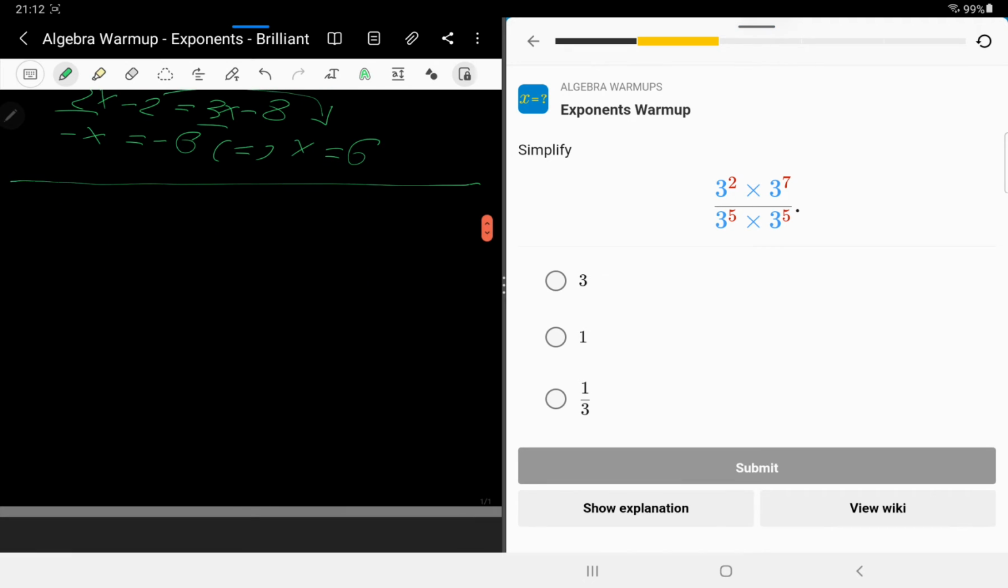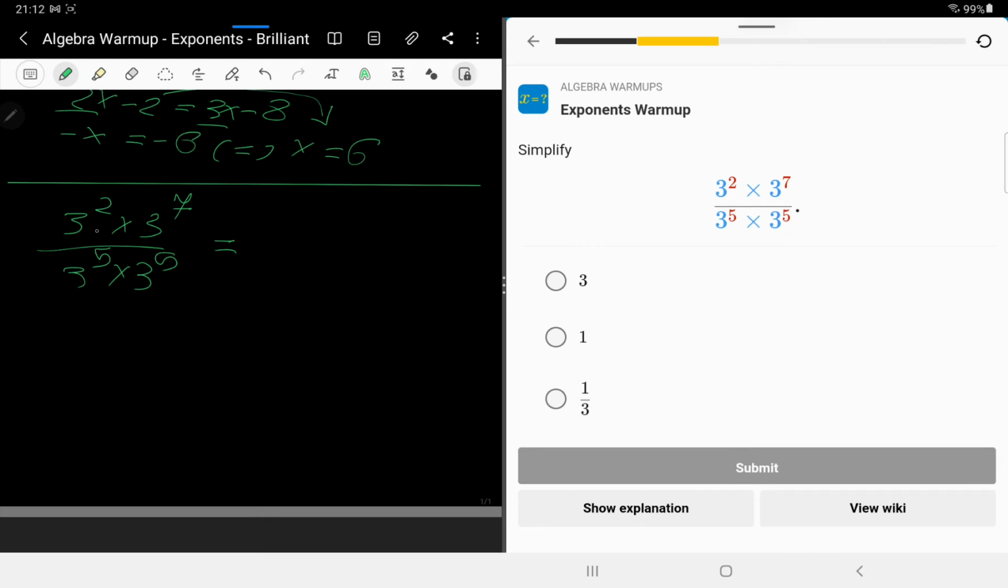Now, simplify. So we have 3 to the power of 2 times 3 to the power of 7 over 3 to the power of 5 times 3 to the power of 5. So we are being disrupted by notifications.